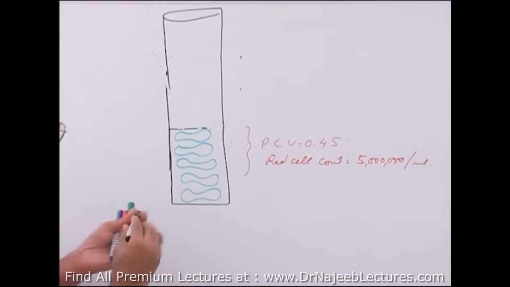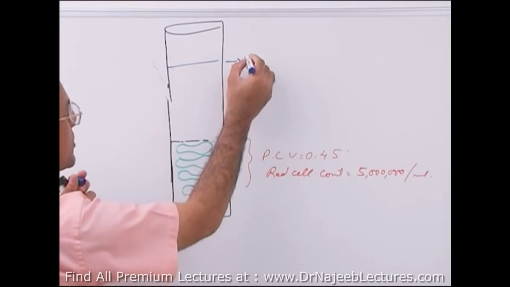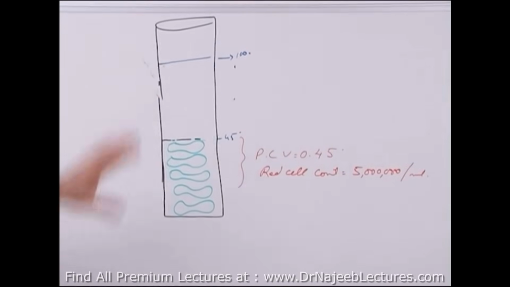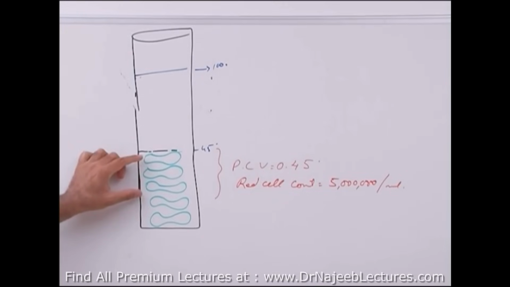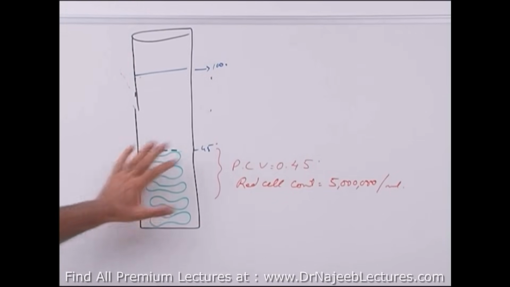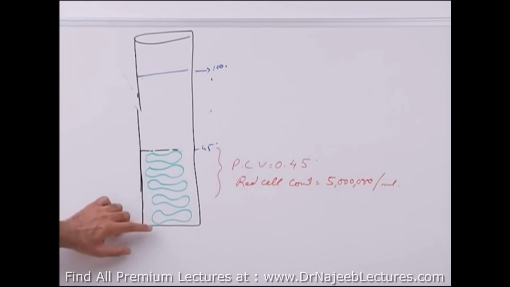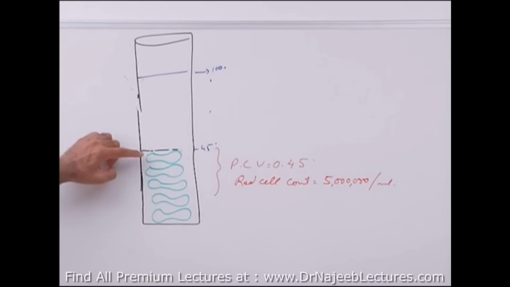This was a tube and the plasma is up to here. It was 100 and here it was 45. Is that clear? Of course, in such an amount of blood there are not just 5 RBCs. Actually, I have drawn 5 RBCs in the diagram which are representative of all RBCs. For example, if it is 1 ml, then there should be 5 million RBCs. Then 1 RBC is representing 1 million red blood cells, right?